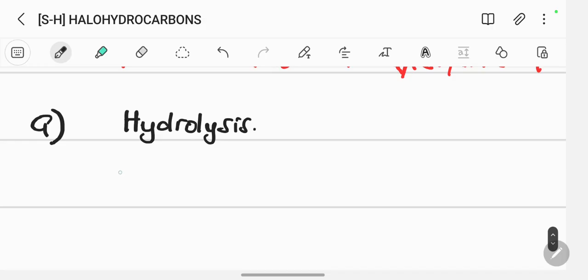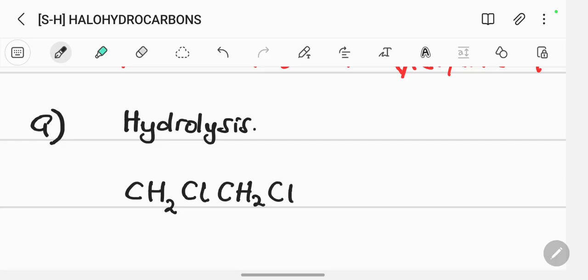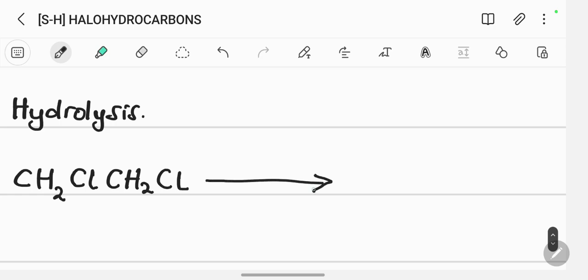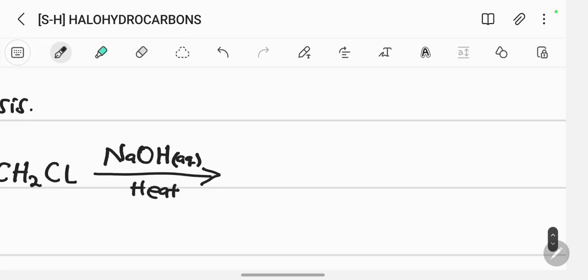And under this we have CH2 chloro, CH2 chloro. When you add the sodium hydroxide and aqueous, when you heat, it's going to give you a diol, which is CH2 hydroxyl.